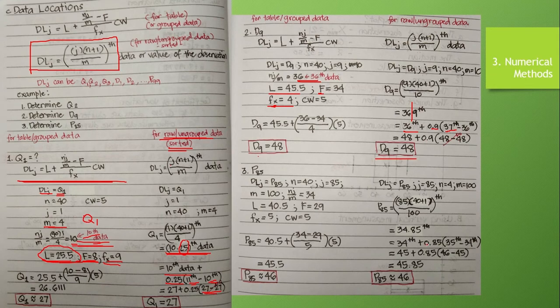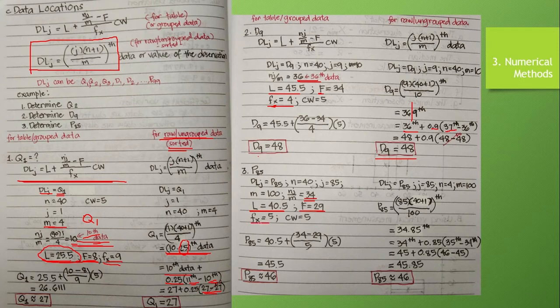Then next, what if we will be looking for P sub 85, the 85th percentile? Same, njm is 34. So locate where the 34th data is. Then get the lower class boundary. Get the frequencies before that class interval where the lower class boundary is located.